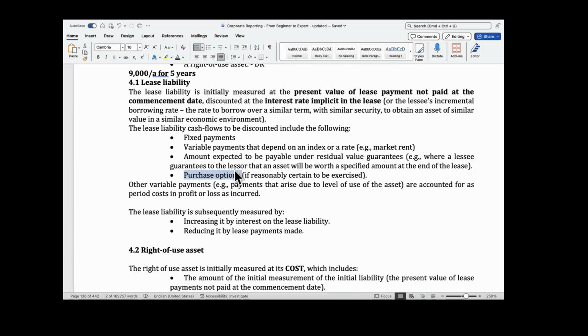So anything that would make the lessee pay an additional sum in the future has to be considered in the liability today, like where there will be increments in rents, where there will be variations, or where he has guaranteed the residual value, or where there is a purchase option. All those will constitute part of the liability of the lessee.